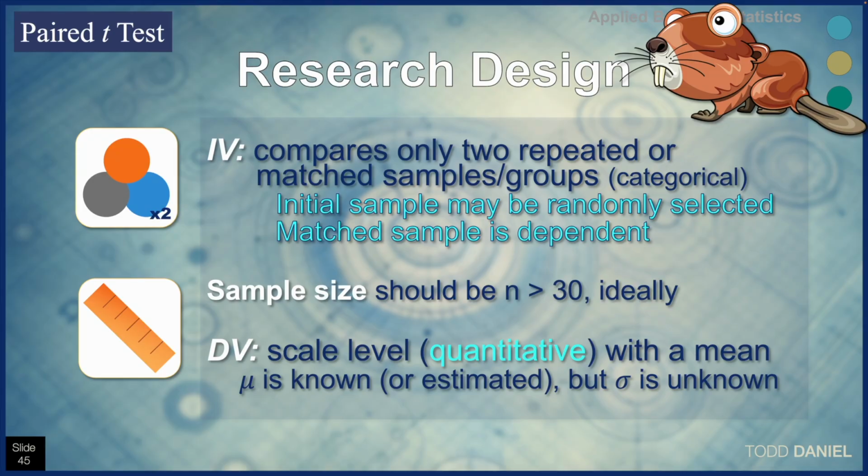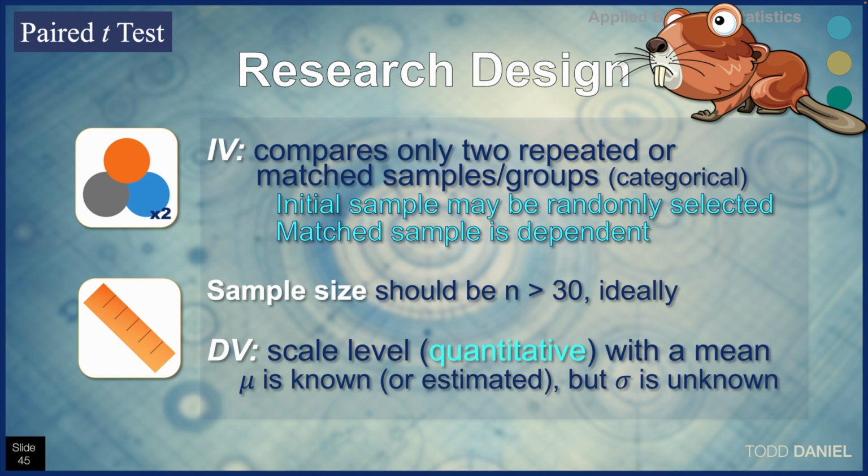The research design for a paired sample test. The independent variable compares only 2 repeated measures or matched samples or groups. It's categorical. If we have more than 2 repeated measures, we'll use a repeated measures ANOVA. That initial sample may be randomly selected from the population, but our matched sample, either the twin or sample 1B, is dependent.